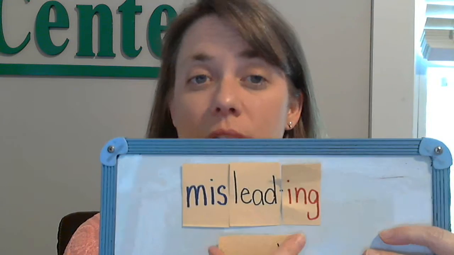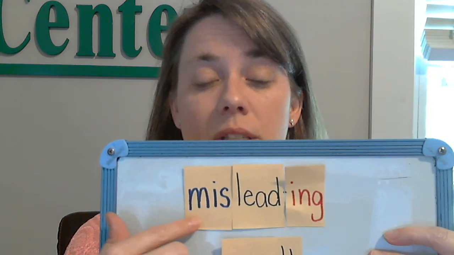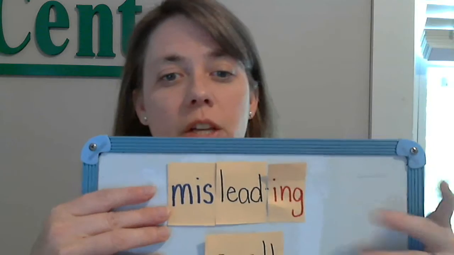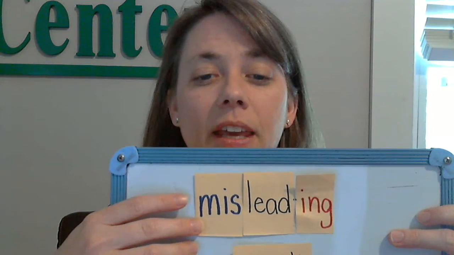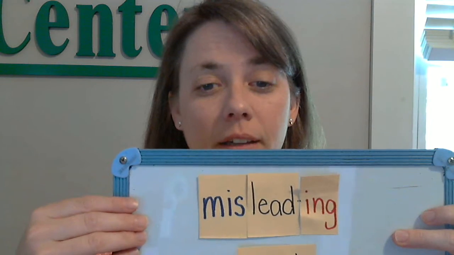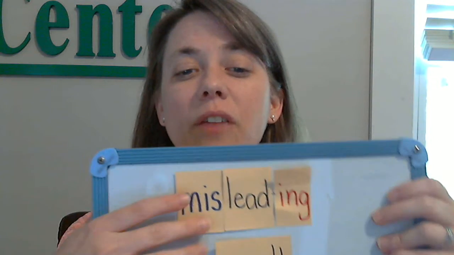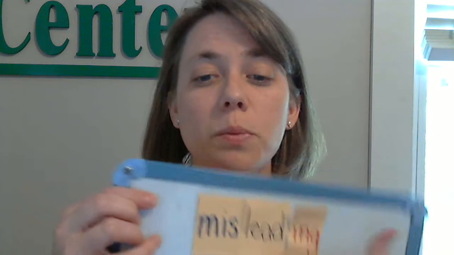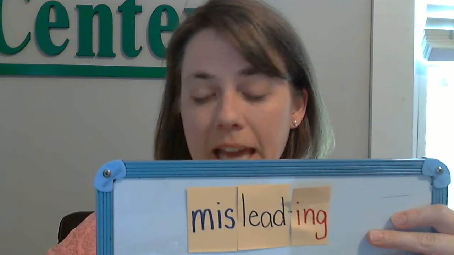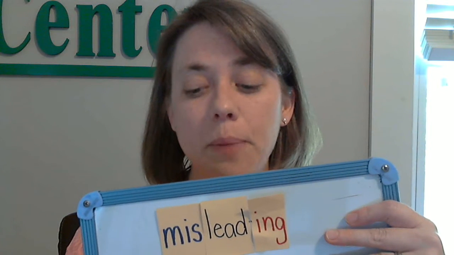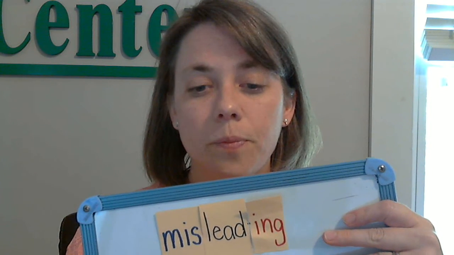I would get the student to make this, and then cut it apart and work with them and help them, and then let them finish up the list on their own. Once they've cut them apart, if you have multiples of a prefix and multiples of a suffix, you can take those out and say, now let's combine to make new words.